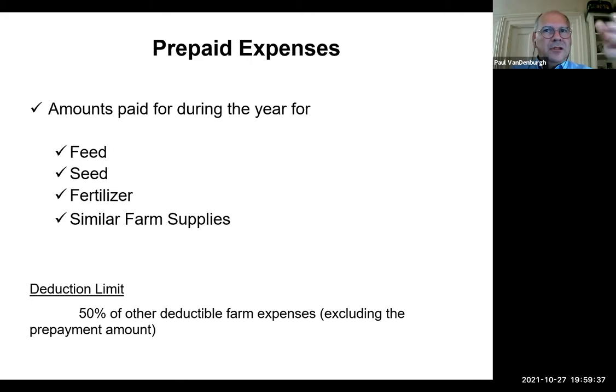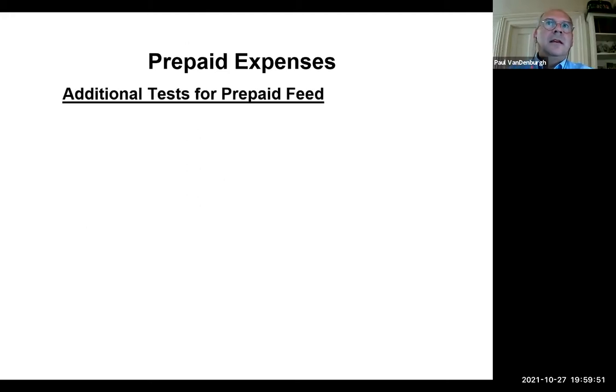On our large operations, that isn't really a problem. On smaller businesses that are trying to utilize prepayments for tax maneuvers, you might need to be careful of this 50% limitation.